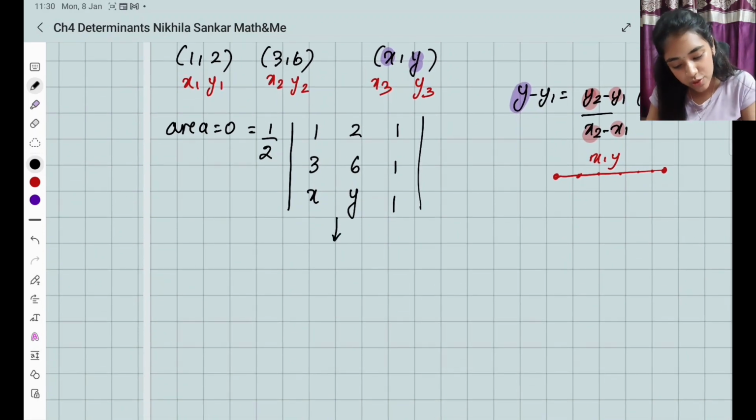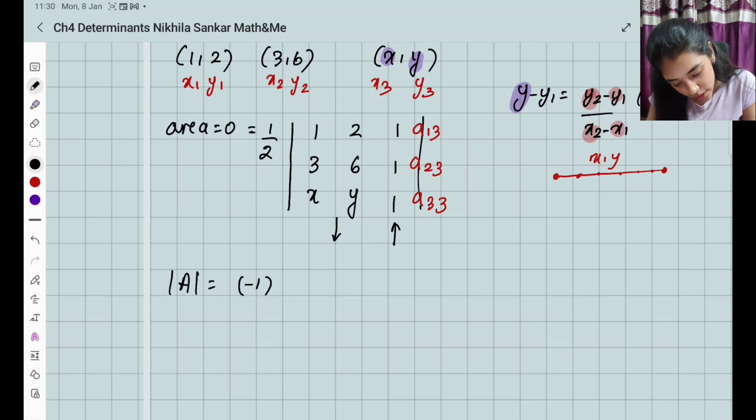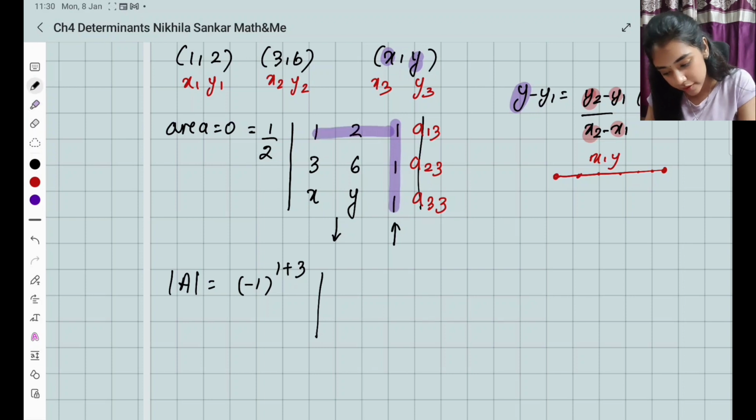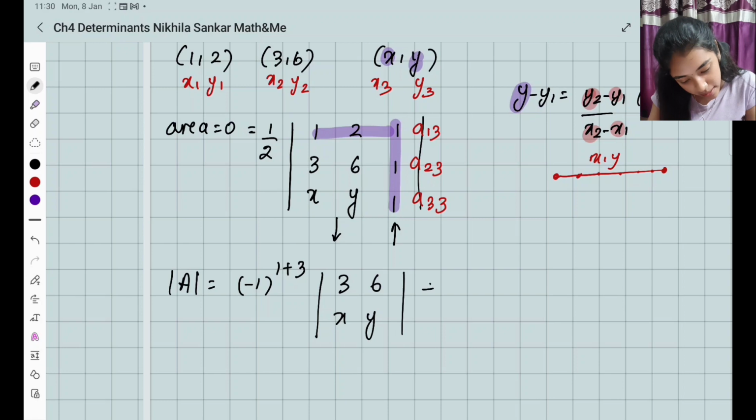Once the determinant value is 0, we can find the equation of the line. So I'm going to expand with respect to the last column. So it is going to be A11, A12, A13, A23, A33. Okay. So the determinant value is going to be minus 1 to the power 1 plus 3 times 1 into determinant. When I hide the last column and the first row, I'll be left with 3, 6, x, y, then plus minus 1 to the power 2 plus 3.